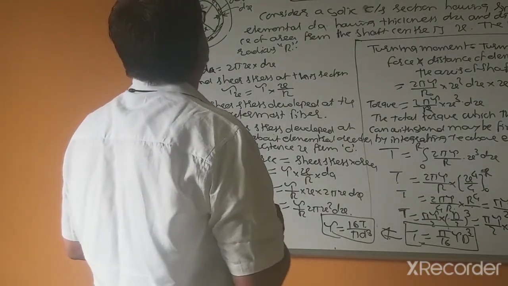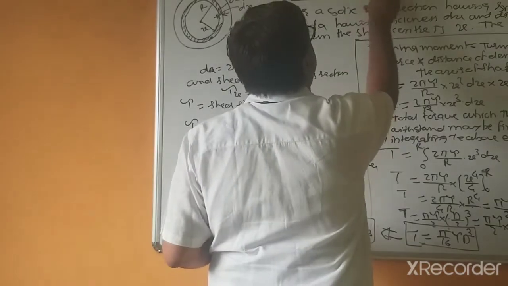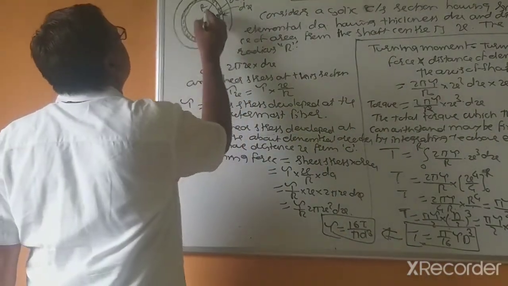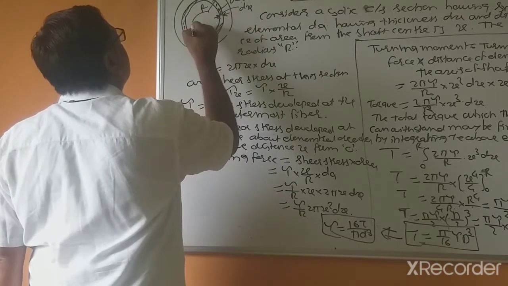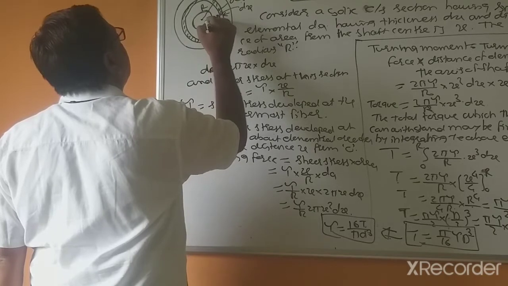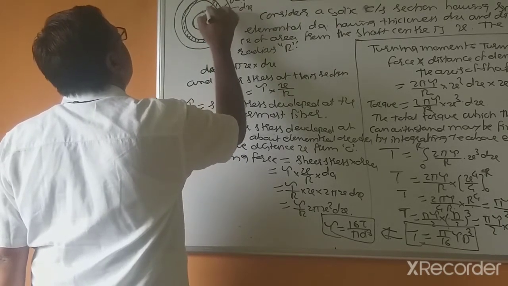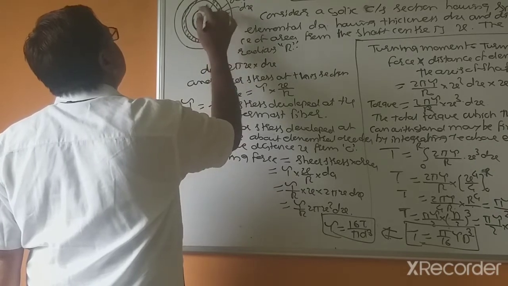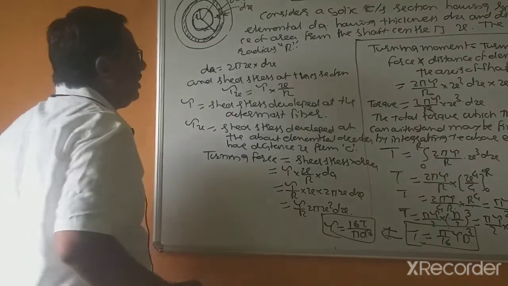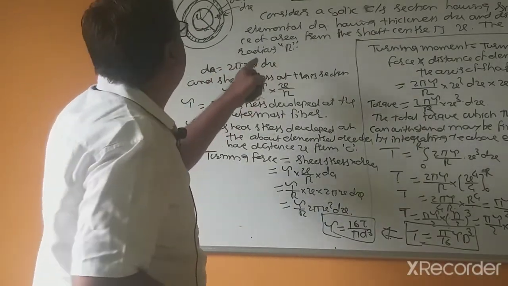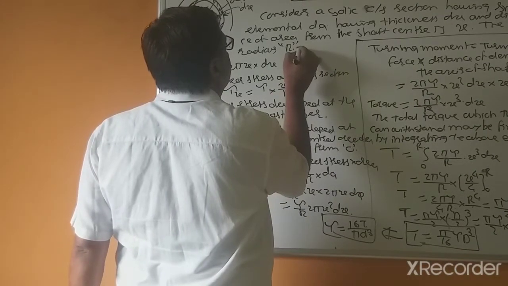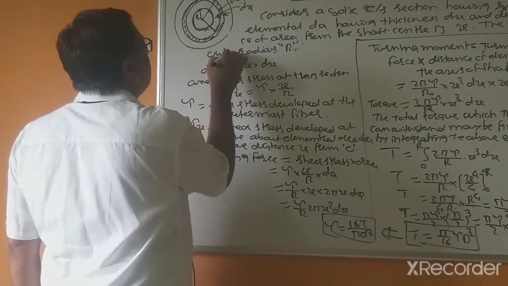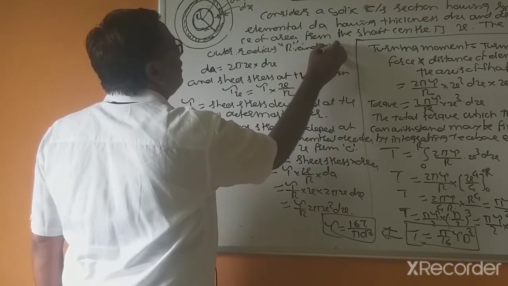Now this is the strength of the hollow shaft. For the hollow shaft, capital R is the shaft outer radius and small r is the inner radius.